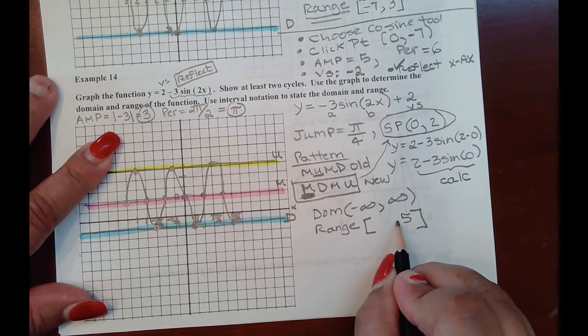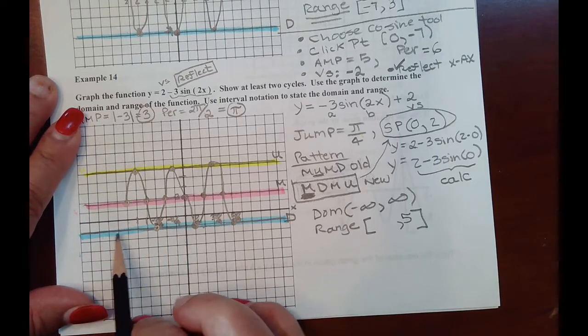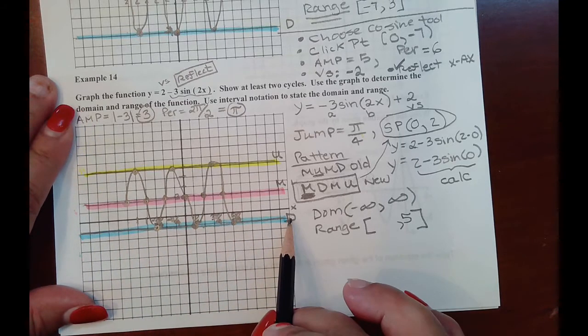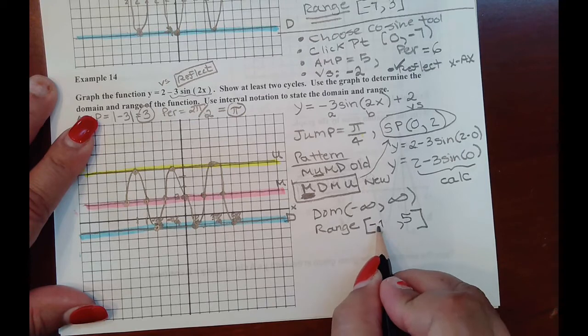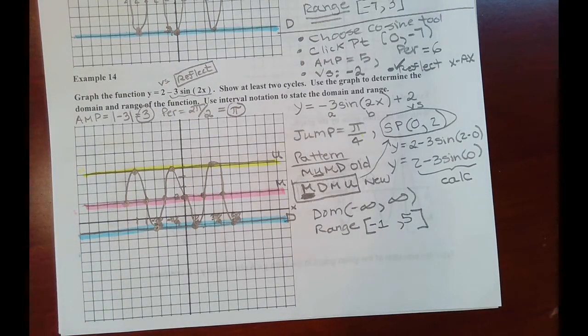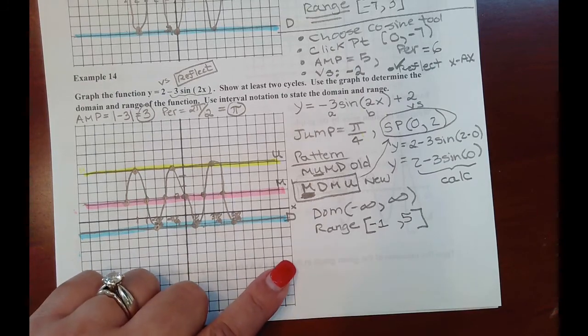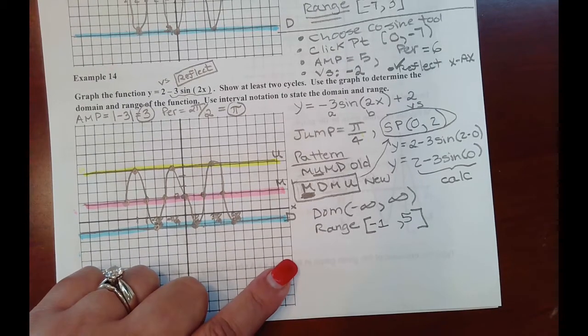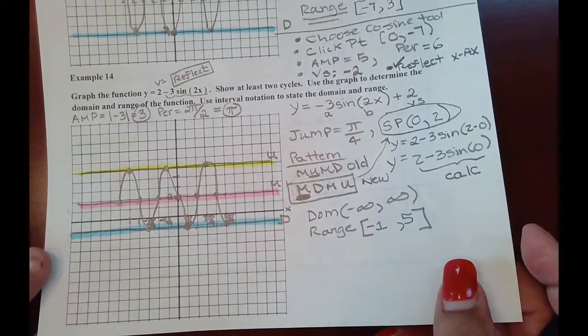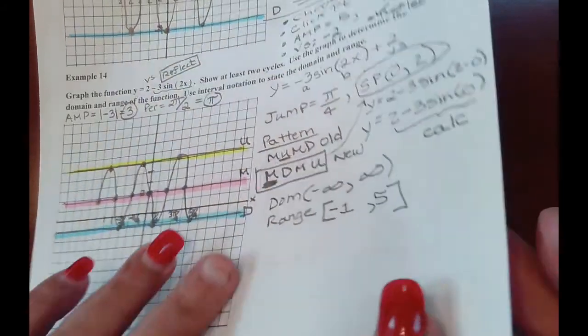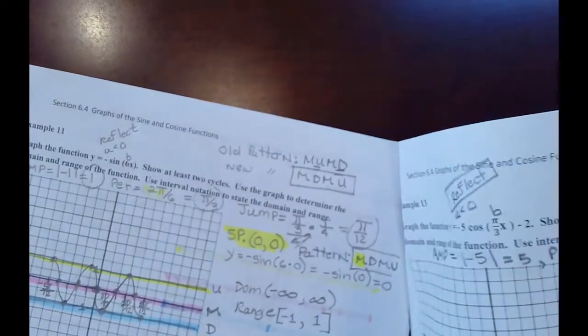So we max out at 5, and then we go as low as negative 1 right here. And I think you have the idea of what you're supposed to feed into my lab math at this point.